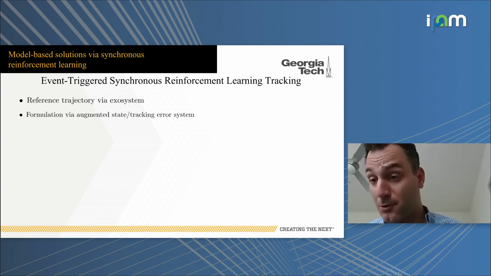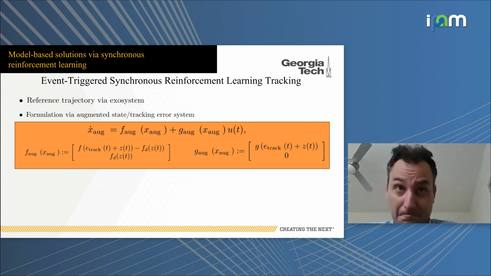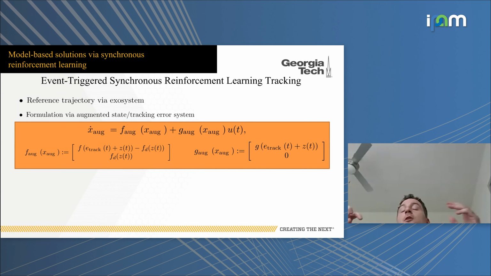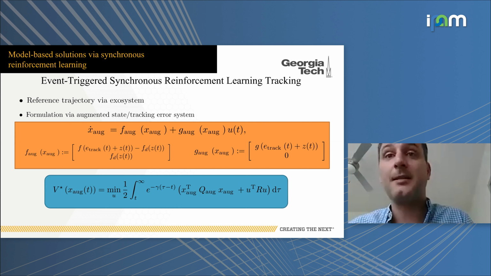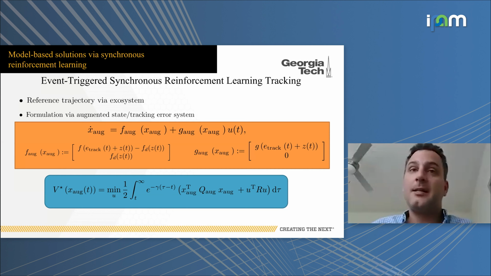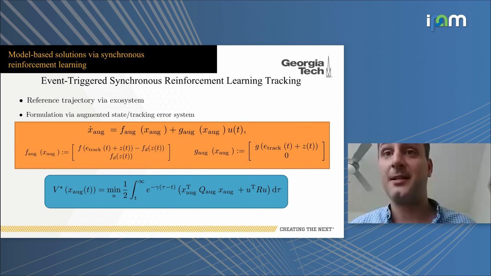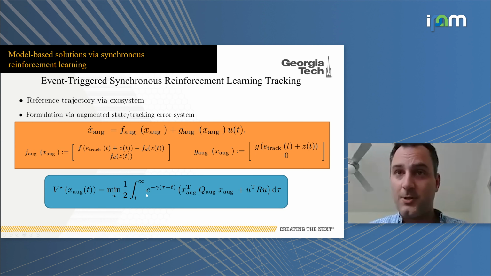One thing that we can do is augment my dynamics and redefine my system with an exosystem. Since I want to make sure that my cost is finite, I also have to use an exponentially decreasing cost, as you see here.